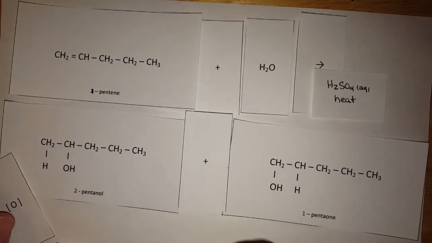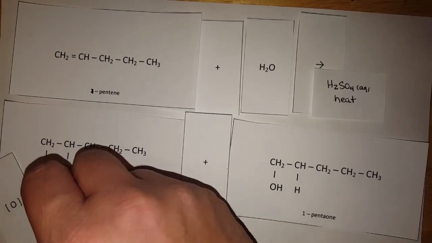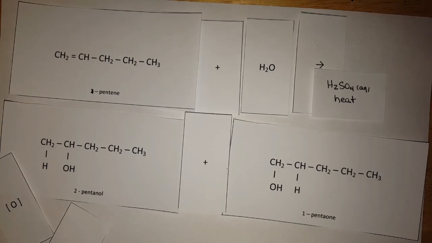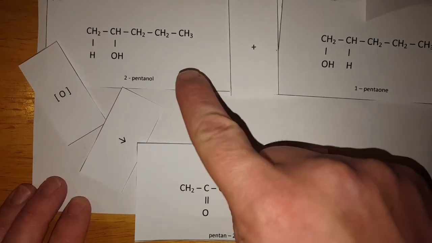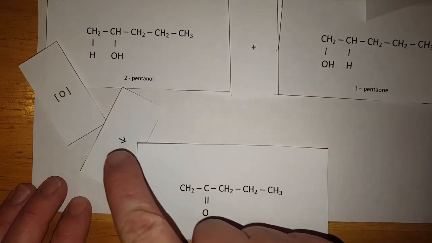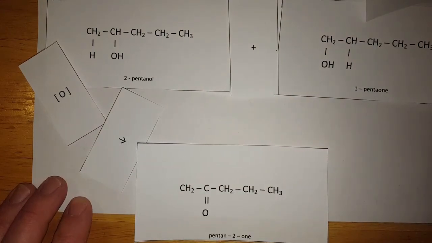And so I'd take this and I'd react it with an oxidizing agent, and this would give me my ketone. So I take my major, react it with an oxidizing agent, and this gives me my ketone.